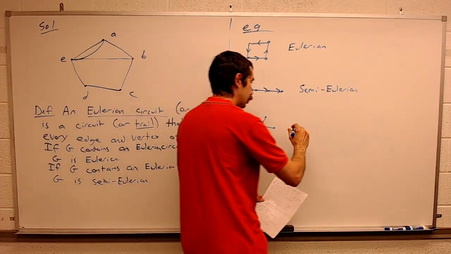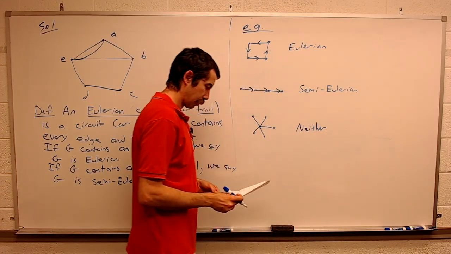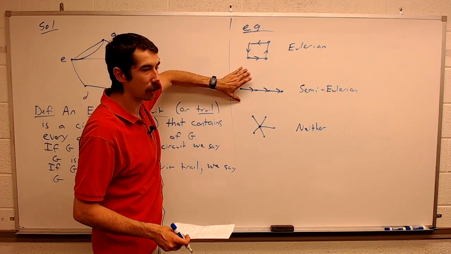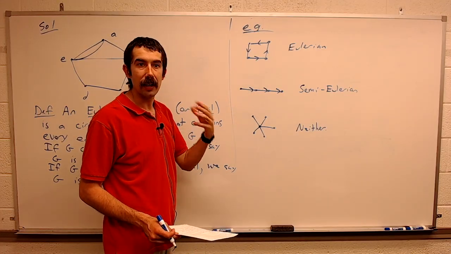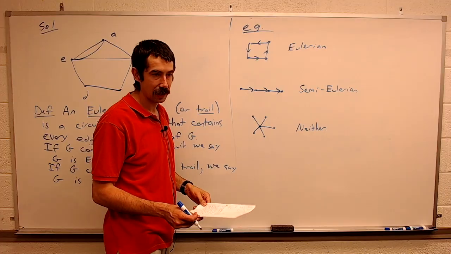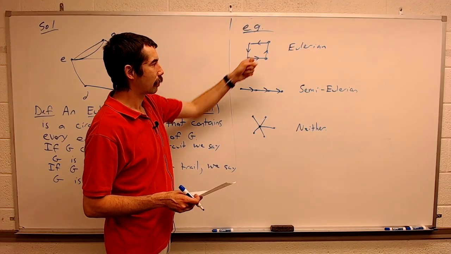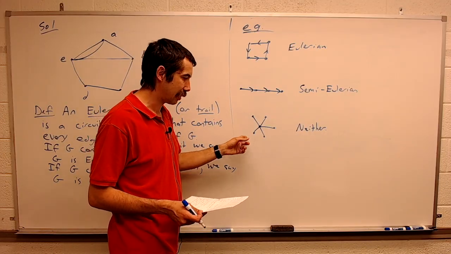So this is neither. All right, so it is possible for a graph to be Eulerian, it's possible for it to be semi-Eulerian, and it's possible to be neither. All right, and so the theorem that we're about to state will tell us exactly when we know a graph is Eulerian, exactly when we know it's semi-Eulerian, and then anything else would be when it's neither.